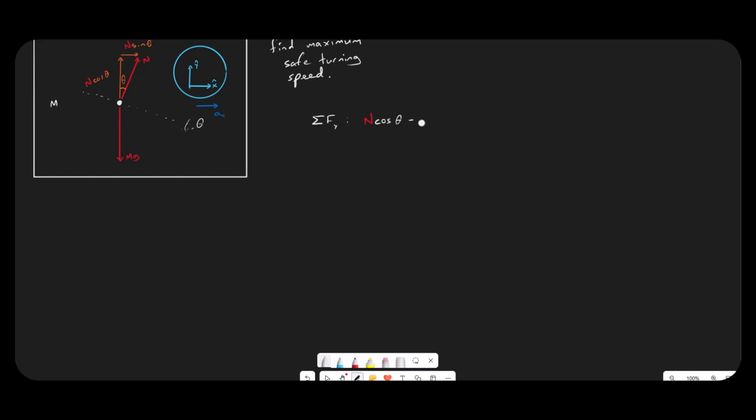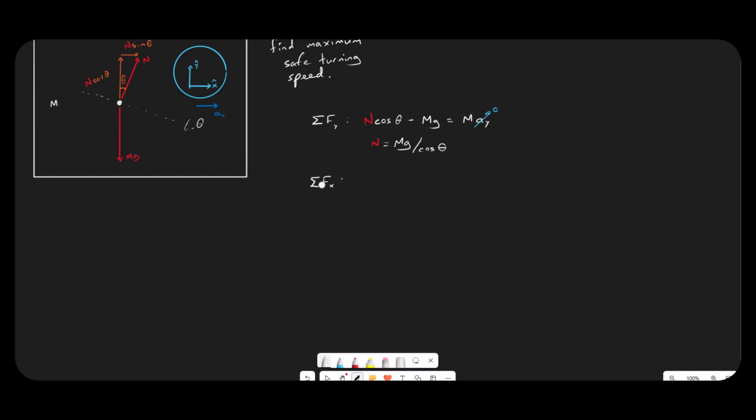I have mg in the negative y, and that equals mass times acceleration in y. In the y direction, I had better not be accelerating. So I can solve this and say n is equal to mg over cosine theta.